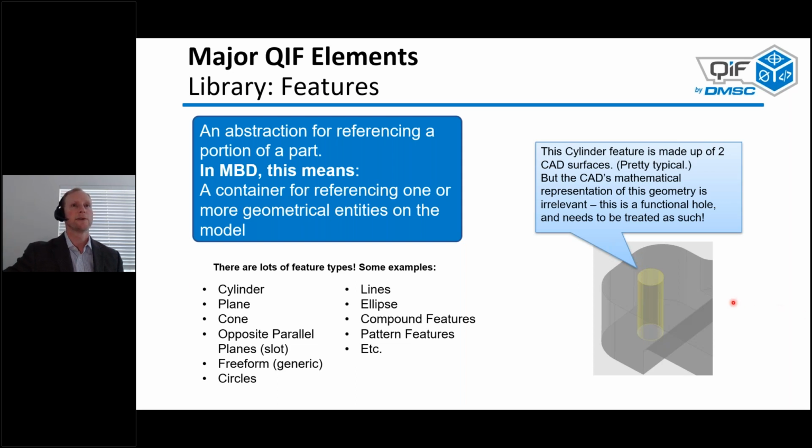And so in the example here, we have two CAD surfaces, two cylindrical CAD faces. Those two items are both referenced by a feature, and that feature represents a hole, a cylindrical hole. So that's what we would identify as a feature, and there are all these different types of features in QIF.